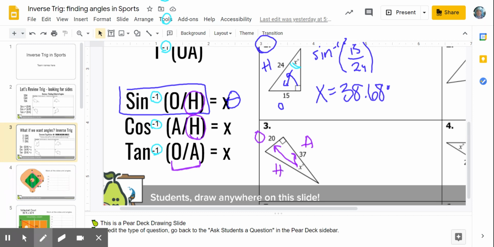Then the adjacent is the other one. So I'm not going to use hypotenuse. So I'm going to use tangent. Tangent, I'm looking for the angle, so I use the -1 and then O over A. So in this one, it is going to be small over big. But if I was going from the other angle, then it wouldn't be small over big. And hopefully we have an example where it's not.